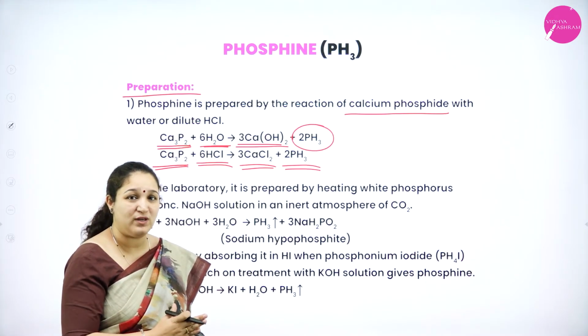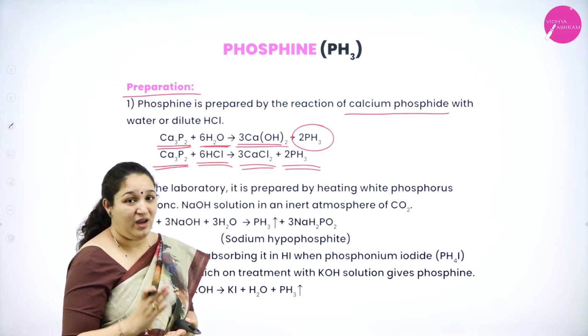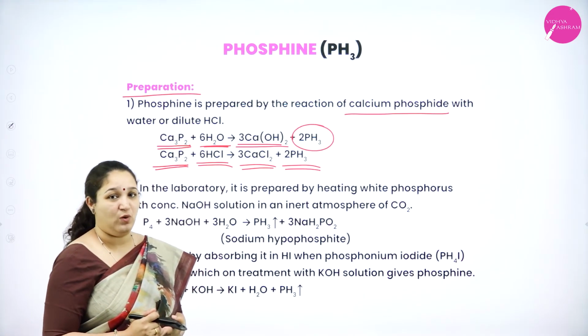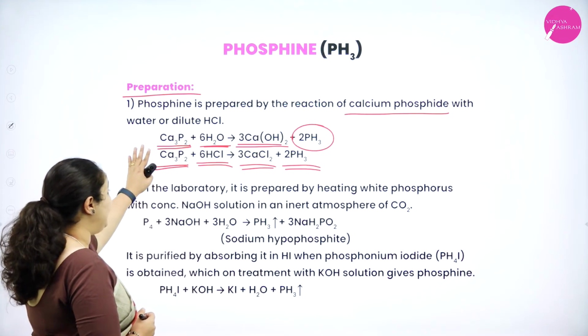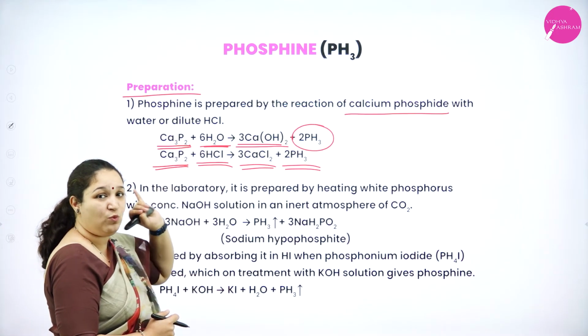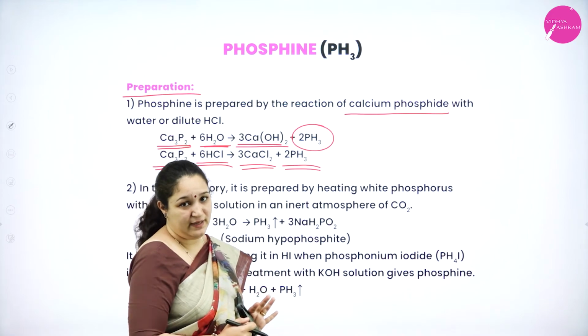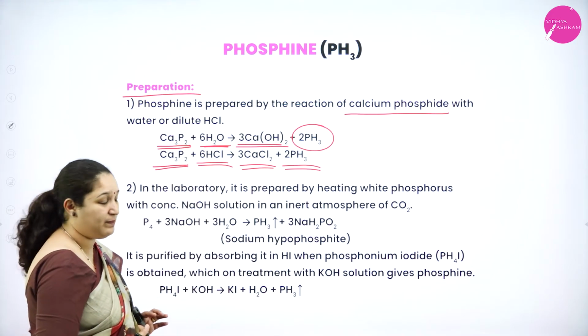It is very important to learn to balance equations, especially in inorganic chemistry. So, you can take calcium phosphide, Ca3P2, and treat it with water or with dilute HCl, and phosphine is liberated. That is the first method of preparation.